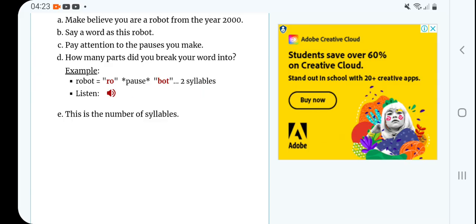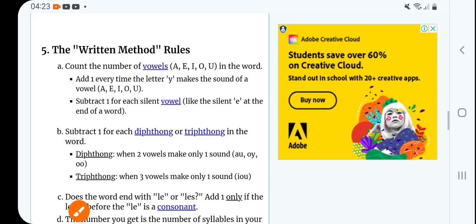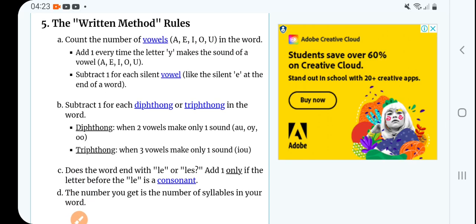Okay, now next is the last method, the written method rule. Count the number of vowels a, e, i, o, u in the word. Add one every time the letter Y makes the sound of a vowel.